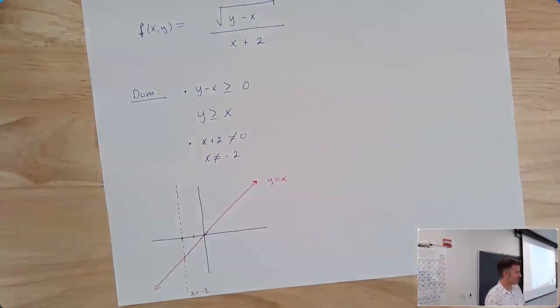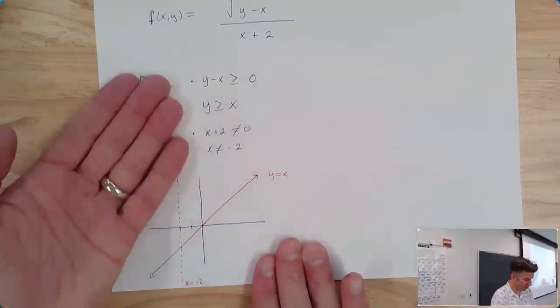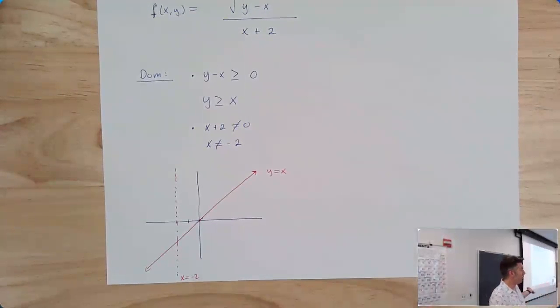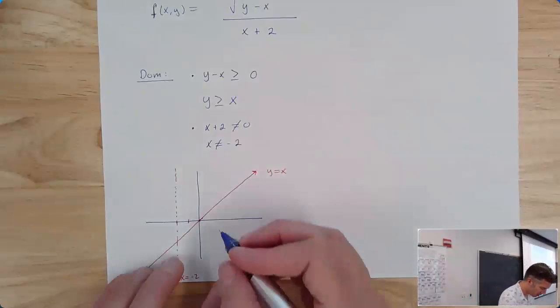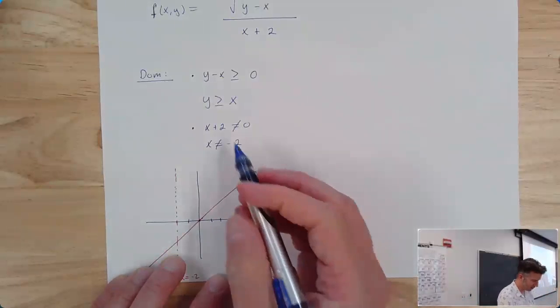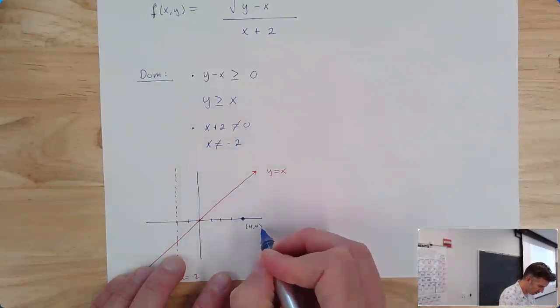And then I have to ask myself, do I want the stuff on this side of that line or this side of that line? Well, I'm going to pick a point. Let's pick the point 4, 0, just to pick one. If I put it in here, x is 4, y is 0.